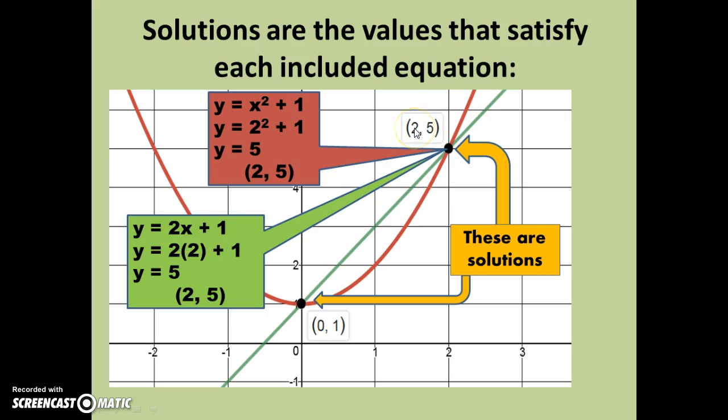Once again, if we substitute in the 2 and evaluate it, we get 2 times 2 plus 1 equals 5. So you can see when we put in 2, we get out 5. Same thing here. When we put in 2, we get out a 5. So that's a common solution. And that's what the solution of a system of equations means. That every graph in there, at some point, the point of intersection, that's a common solution for any equation that meets at that point.